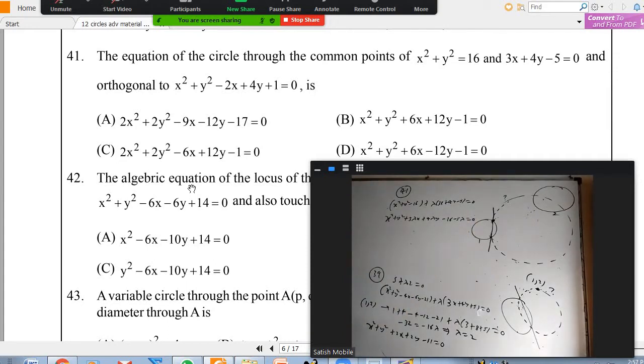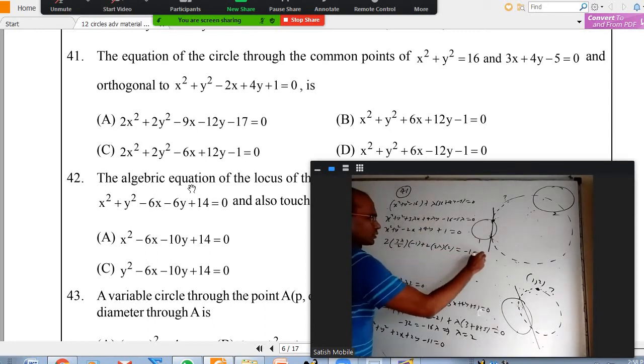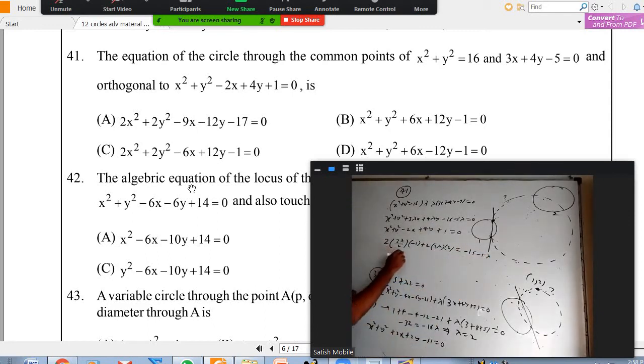That should intersect orthogonally x square plus y square minus 2x plus 4y plus 1. 2g g dash: 2 into g is 3 lambda by 2, g dash is minus 1. 2 into this is 2 lambda, and this is 2, equal to c plus c dash. You can add, we will get minus 15 minus 5 lambda. 10 lambda equal to minus 15, lambda equal to minus 3 by 2.